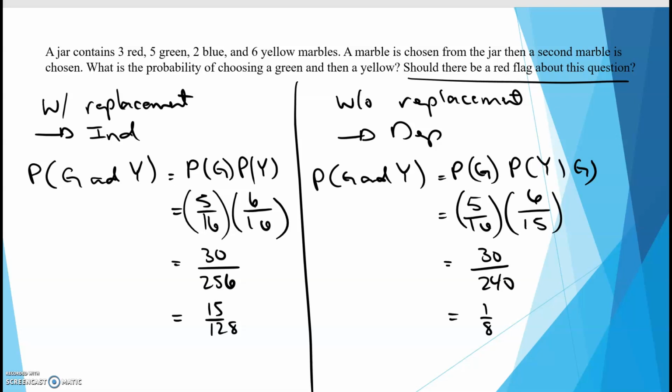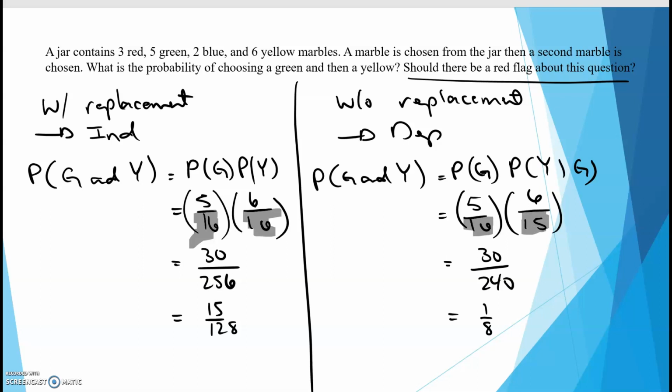Okay, now notice here, for the independent side, this bottom number right here did not change. It stayed exactly the same. And that's how it's going to be with independent events. The bottom number is going to stay the same because nothing's affecting it. Whereas with dependent events, the bottom number will get smaller and smaller and smaller.